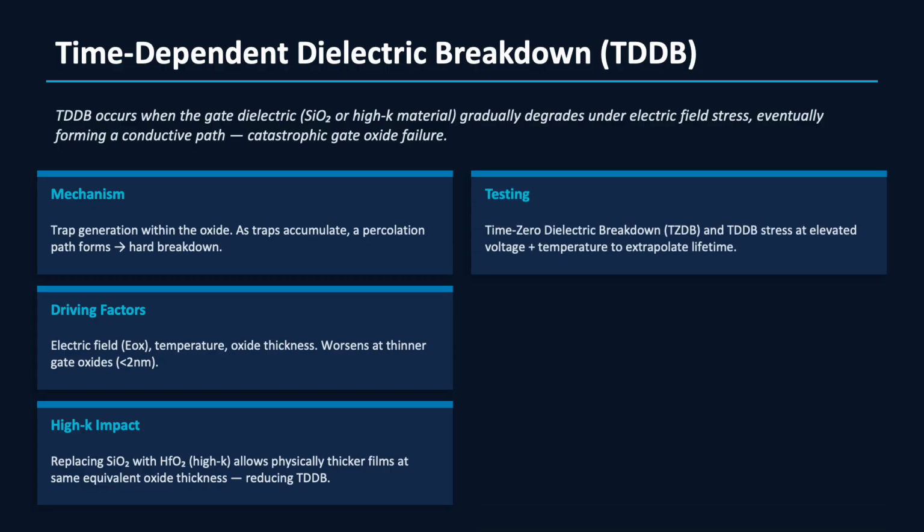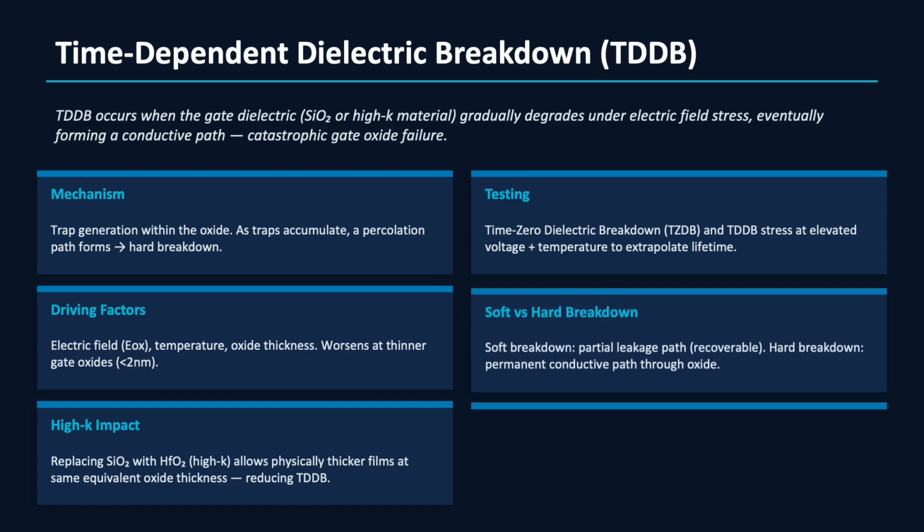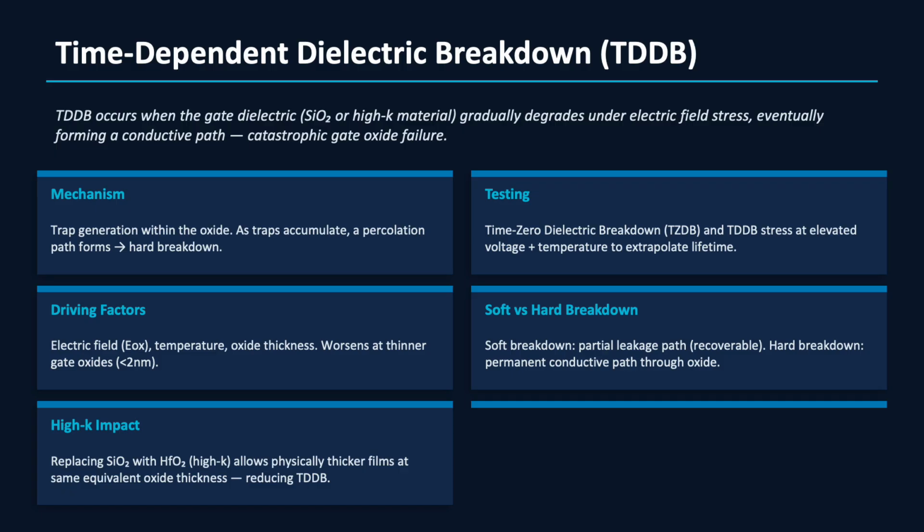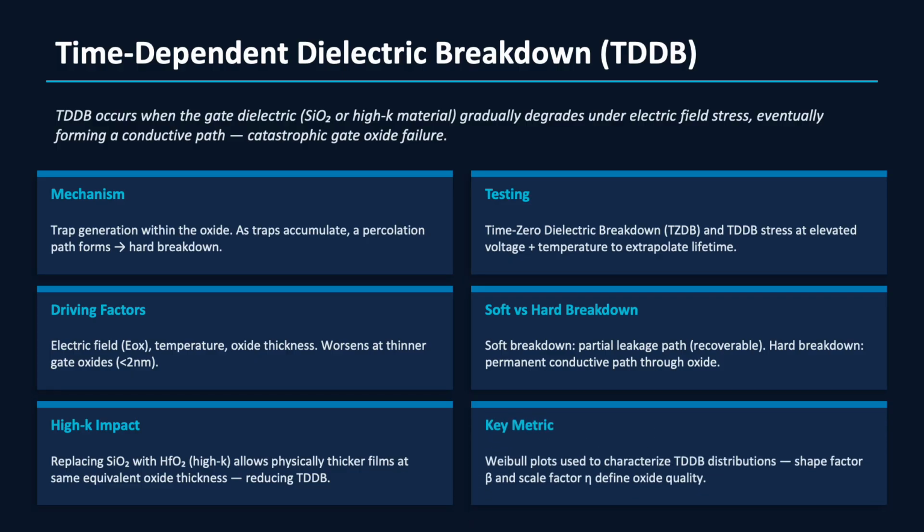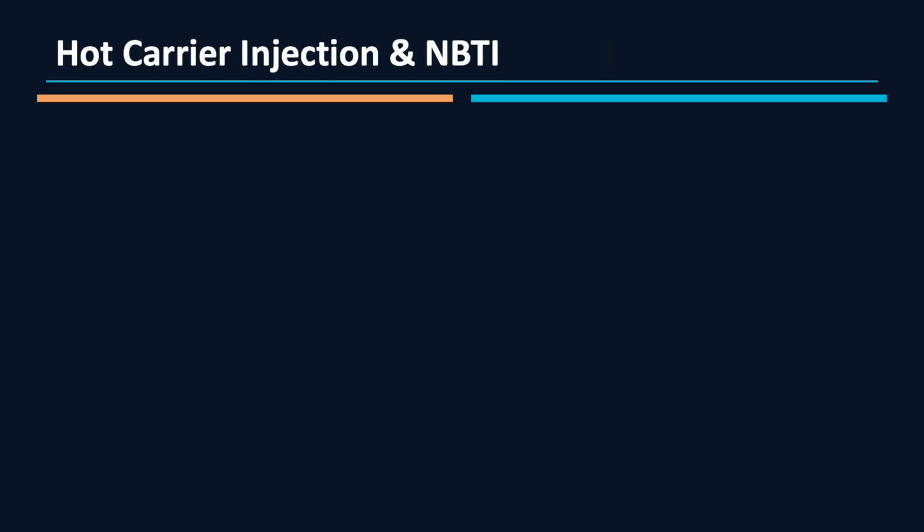Testing includes both time zero breakdown and TDDB at stress, that is at elevated voltage and temperature, to extrapolate the lifetime. Soft breakdown means partial leakage path which is recoverable, while the hard breakdown is the formation of a permanent conducting path through the oxide. Weibull plots are used to characterize the TDDB distribution.